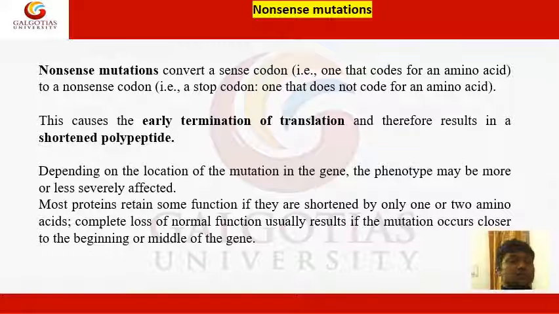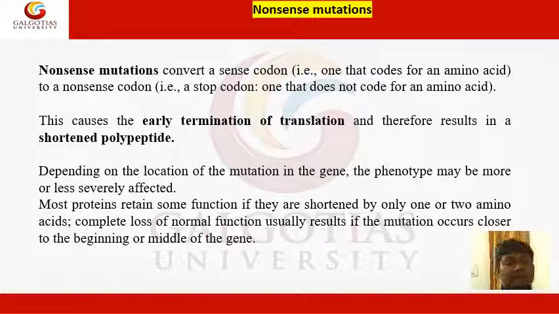Now the nonsense mutations convert a sense codon, that is one that codes for an amino acid, to a nonsense codon, meaning a stop codon, one that does not code for an amino acid. This causes early termination of translation and therefore results in a shortened polypeptide.